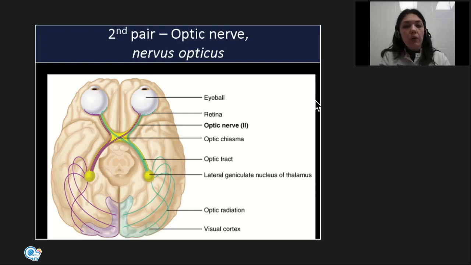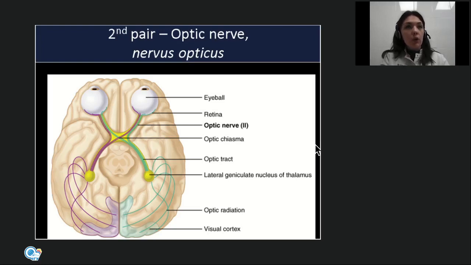So the second pair of cranial nerves is the optic nerve, nervus opticus. Also optic nerve is one of the parts of conducting tract of optic analyzer, or visual pathway. When we studied visual pathway, we were saying that it consists of 4 neurons, and 3 of them are located in the retina.